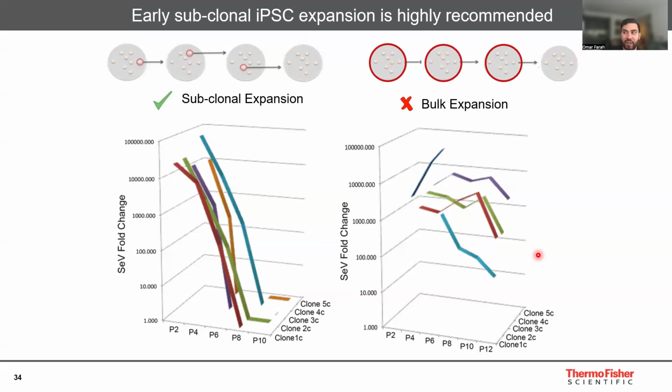The reason for that is, as Tom mentioned last time, these cells can grow indefinitely, but they can also accumulate mutations over time. So by working in lower passages, once they're characterized and viral vector free, we can start using these cells sooner for downstream applications, like the research that we're intending, right? So this is another consideration just to keep in mind.